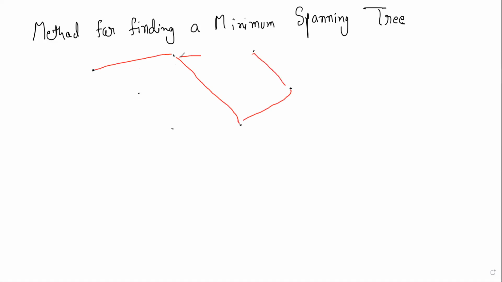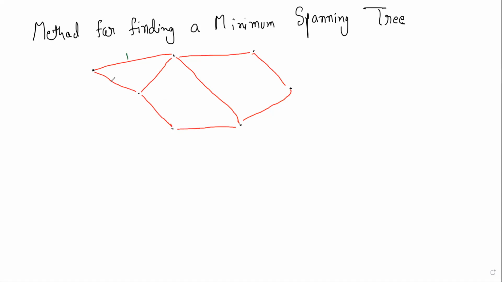But now we are interested in more, right? We are interested in finding a spanning tree which has the minimum weight. Now there can be multiple spanning trees which have the same minimum weight, but we're interested in finding one of them. So they could have weights.